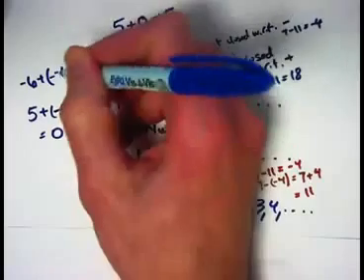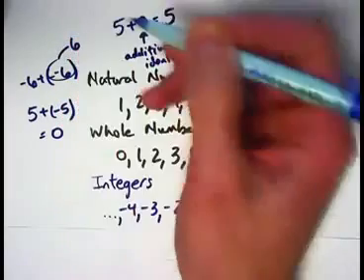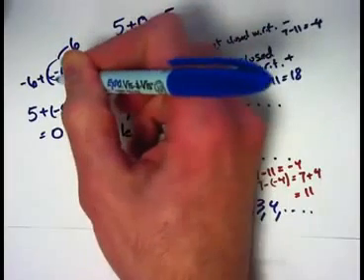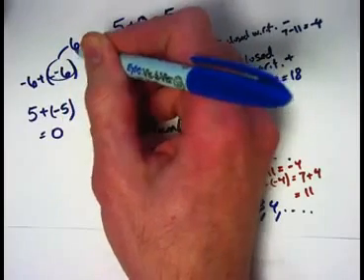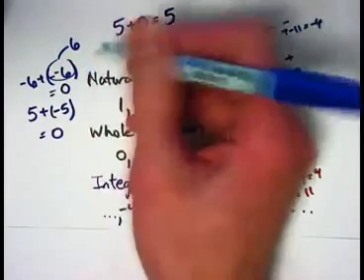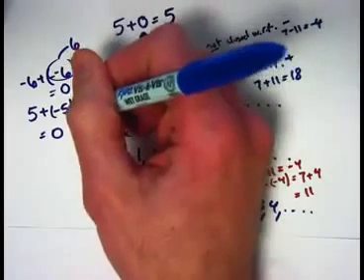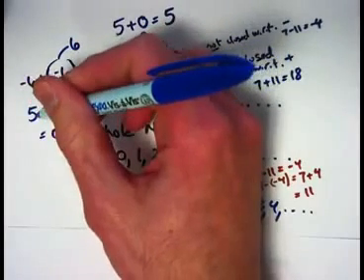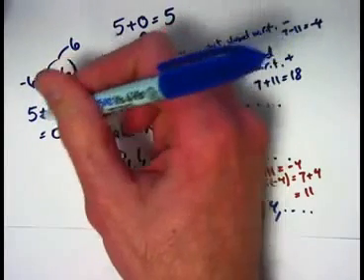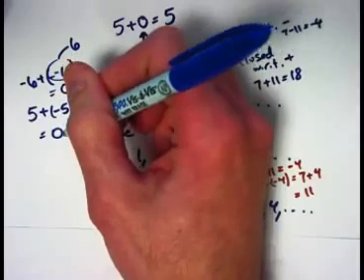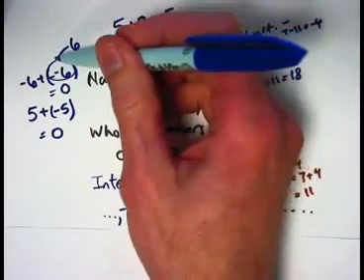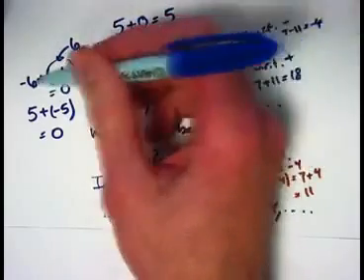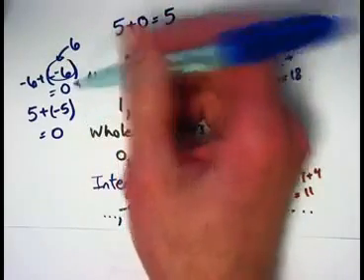The additive inverse of negative 6 is 6. You get 0. That's the reason why we call negative 5 the additive inverse of positive 5, because when you add these two things together, you get the additive identity 0. Positive 6 is the additive inverse of negative 6, because when you add these two things together, you get 0.